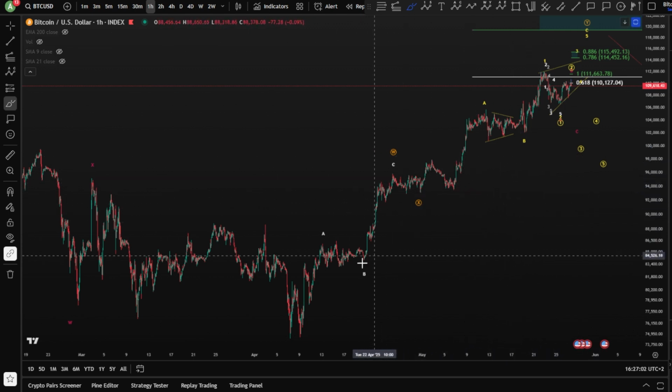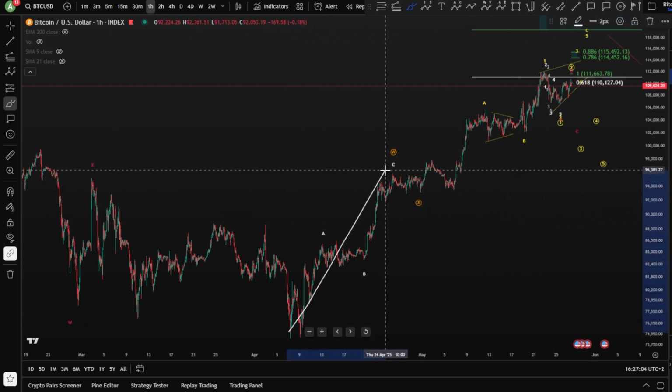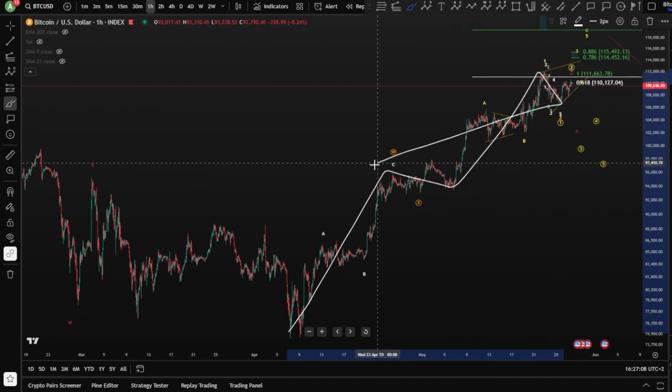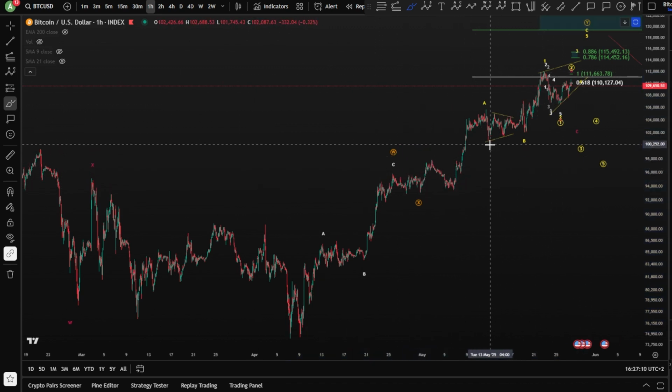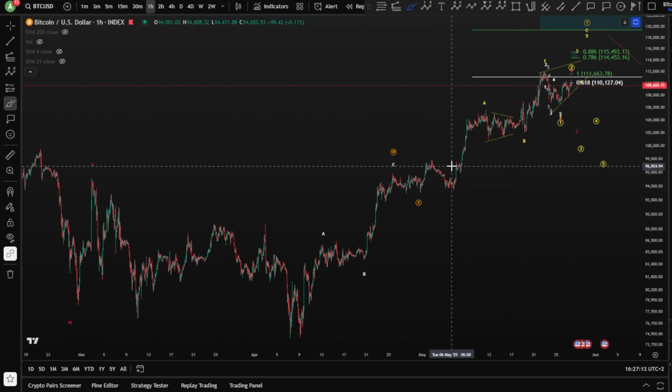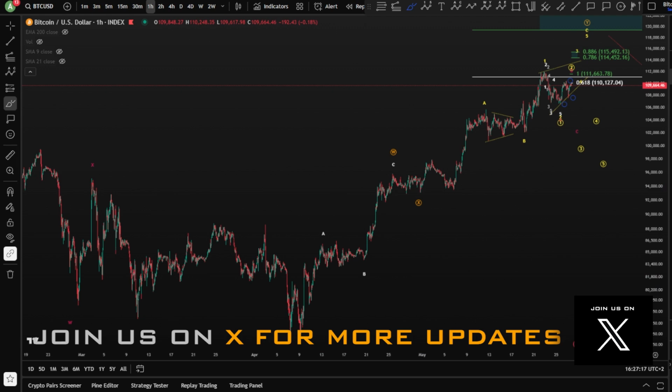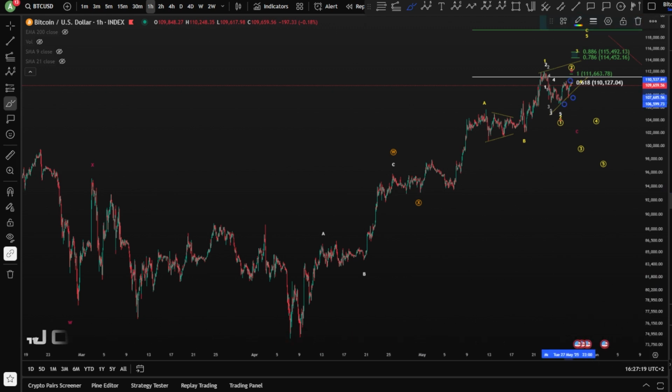Now, to be in a leading diagonal, you have a zigzag wave 2, and wave 3 and wave 4 do not interfere with the zone of wave 1, which is not allowed as a rule in a leading diagonal. Meaning there is no leading diagonal here, there is a potential of W, X, Y, X, and a Z.